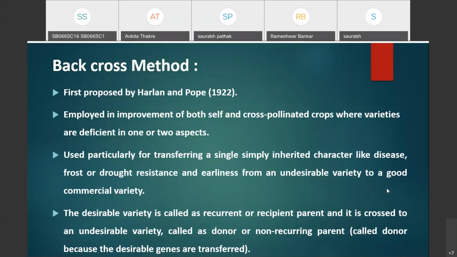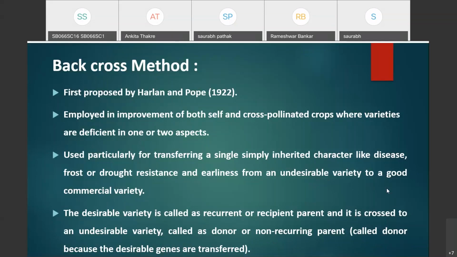Do not forget that the desirable or commercial variety, into which the character is to be transferred, is receiving the character from another undesirable variety. That is why it is called the recurrent or the recipient parent.